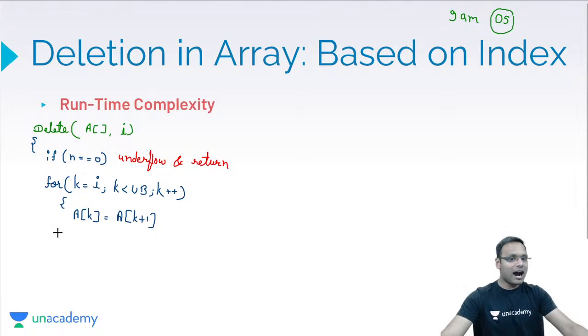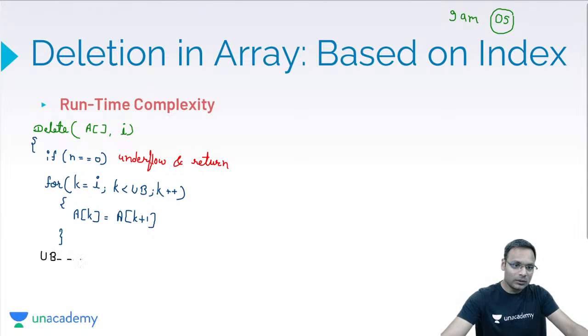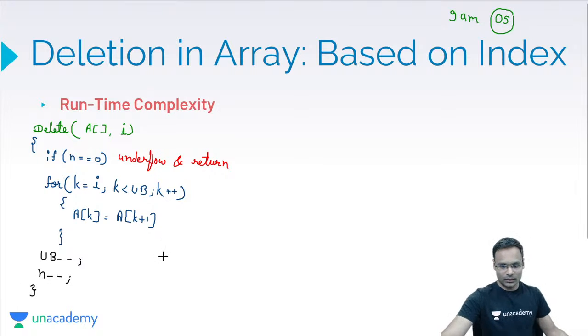After the shifting, should I do any other changes? Yes, I will have to decrease the value of upper bound, and also decrement the value of n, the number of elements, by 1 from the previous one.